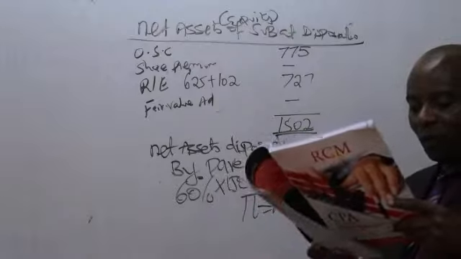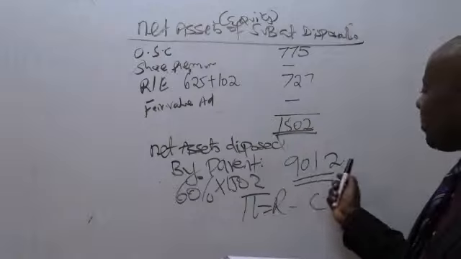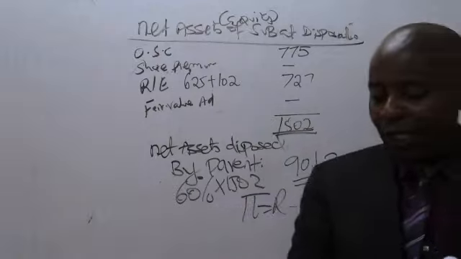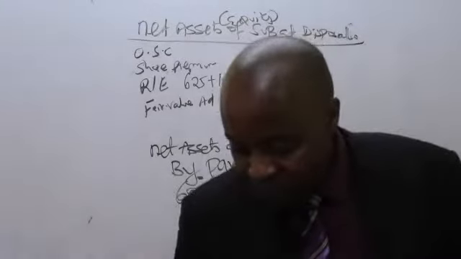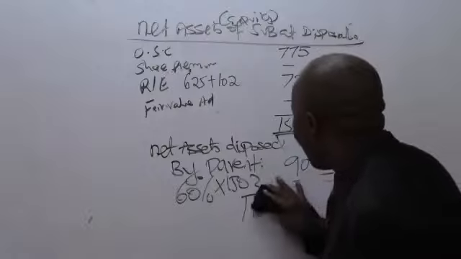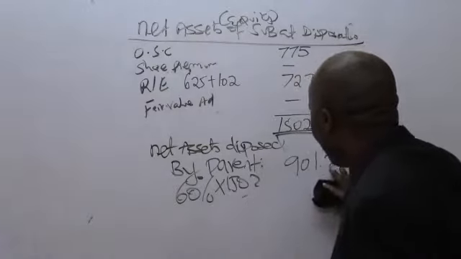We have here the net assets in this case disposed by the parent, 901.2. Remember that these guys also, before I go to the profit is revenue minus cost, had an asset which has not been factored in.